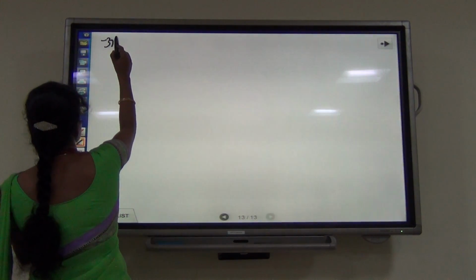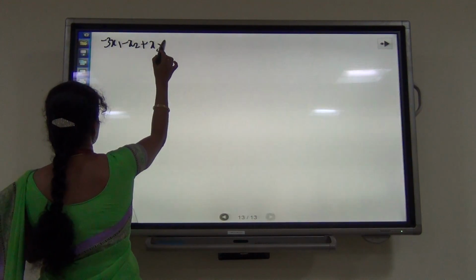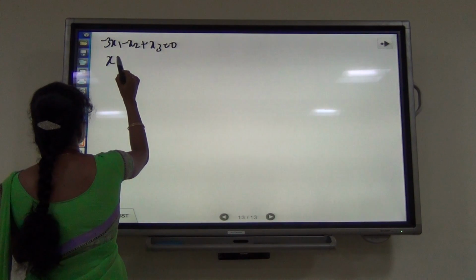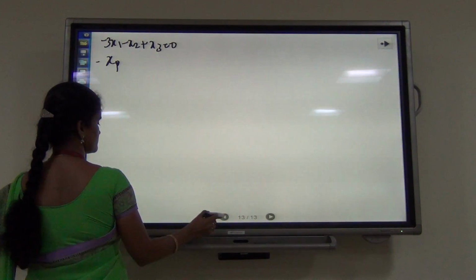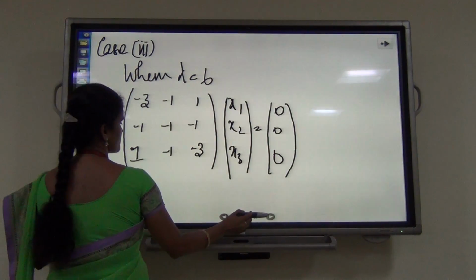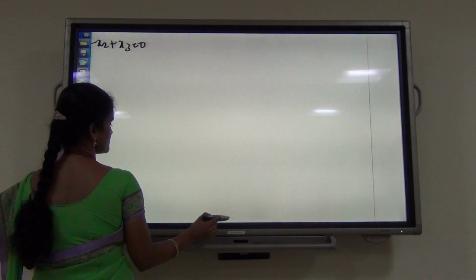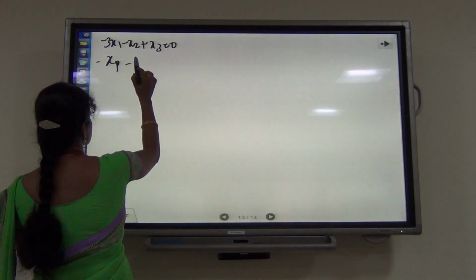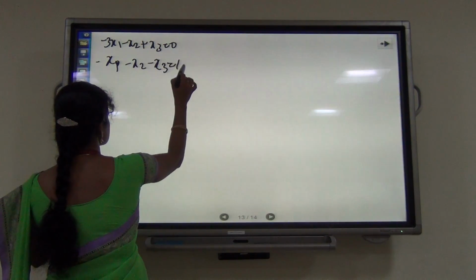Minus 3x1 minus x2 plus x3 is equal to 0. x1 minus x1 minus x1 minus x2 minus x3 is equal to 0.